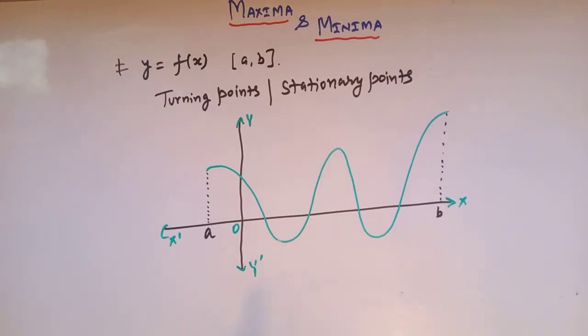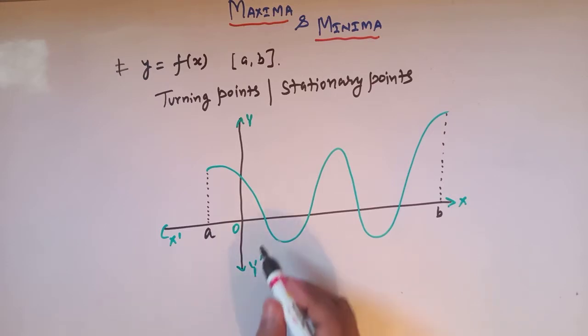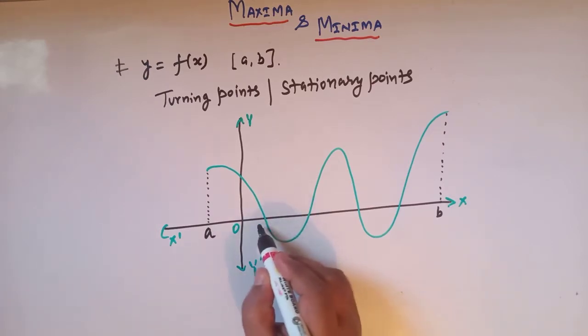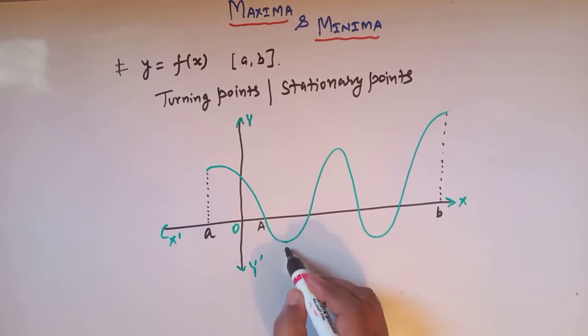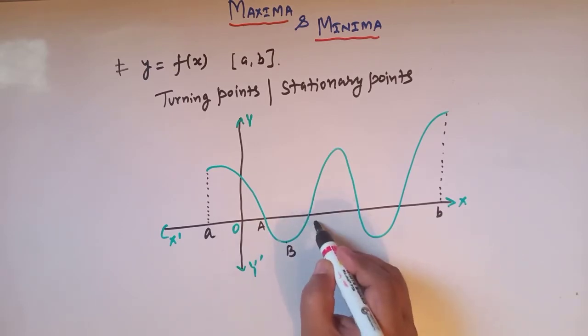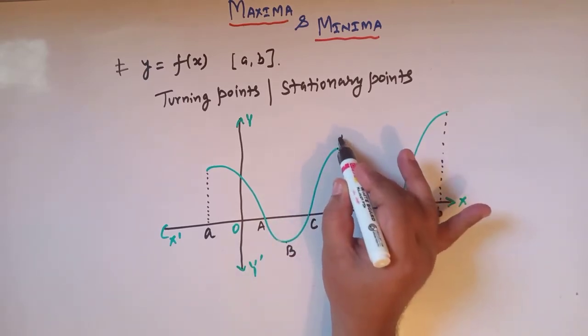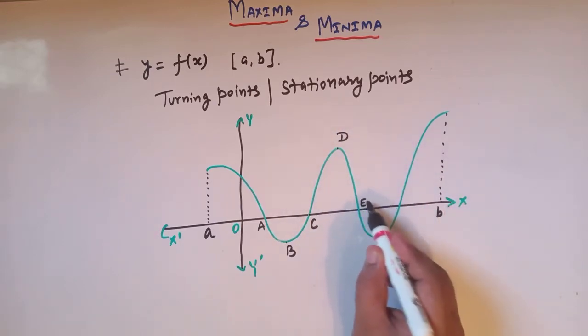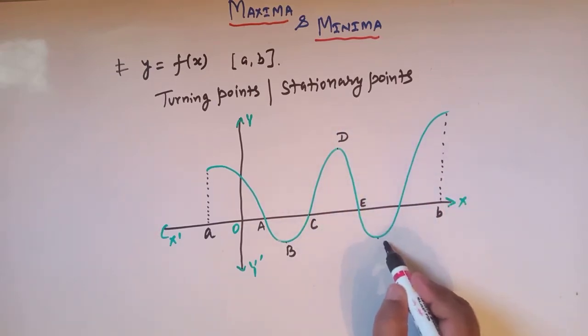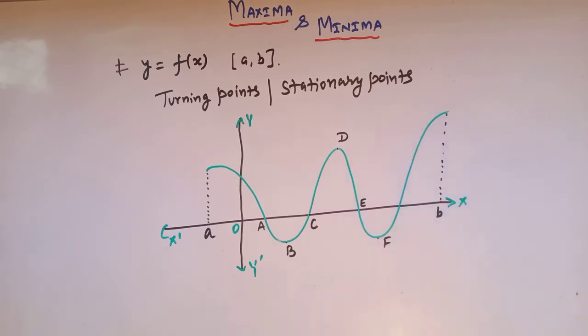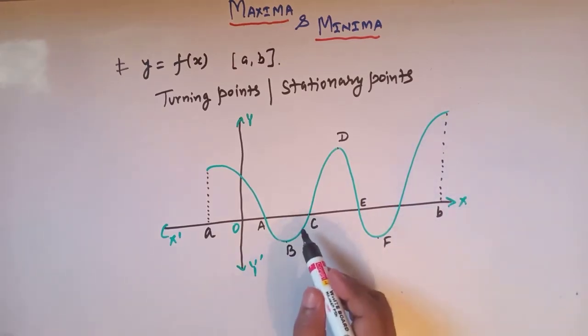So let us mark some points here: say this point is A, this point is B, this point is C, this point is D, this point is E, and this point is F, and so on.